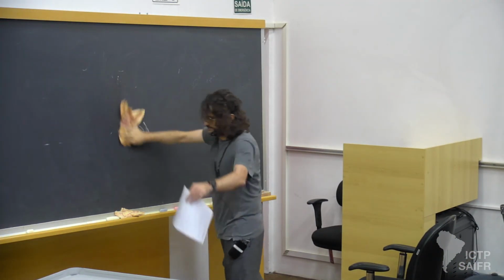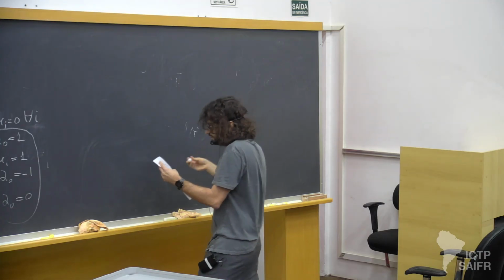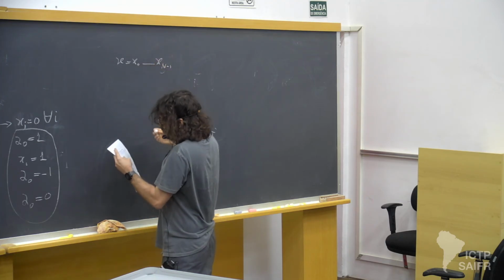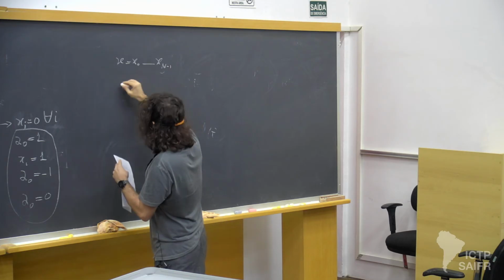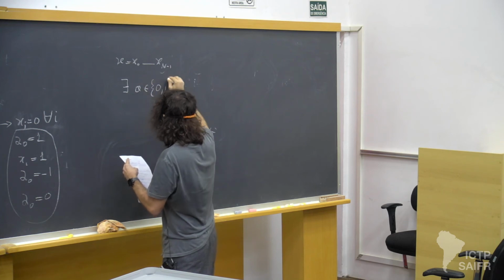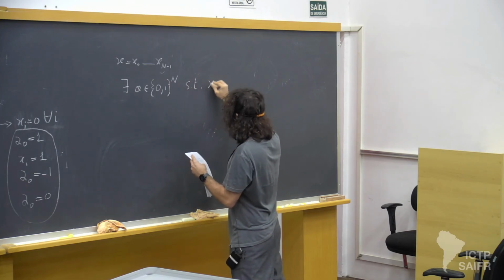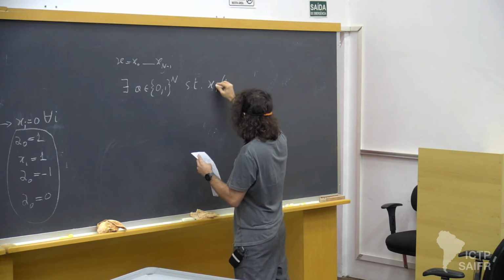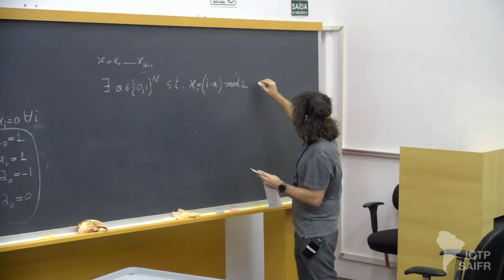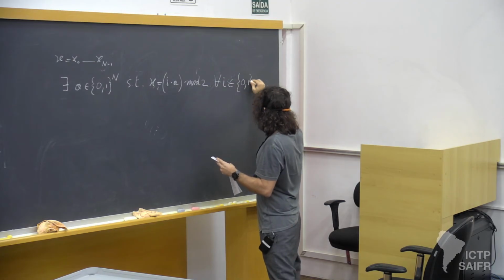We have again our oracle that is there, but now we know that our x going from x_0 to x_{n-1}, there exists a certain a belonging to {0,1}^n, such that each x_i can be written as i scalar a mod 2 for each i belonging to {0,1}^n.